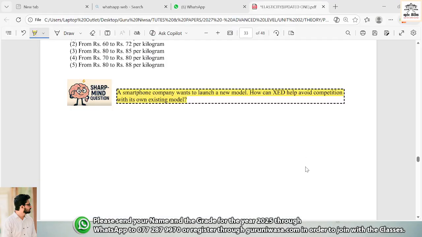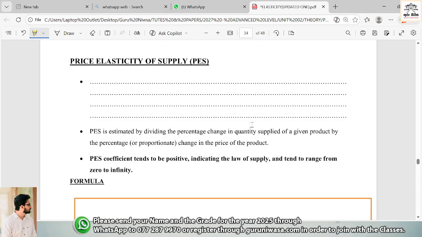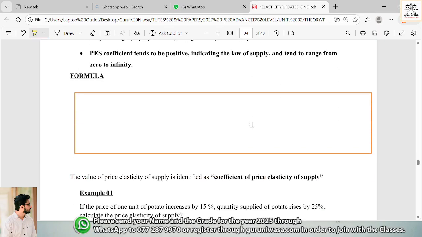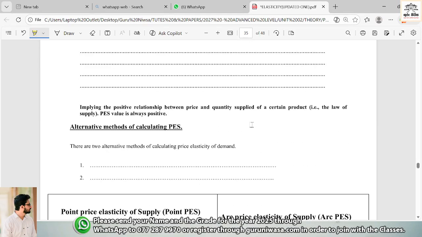Price elasticity of supply. This is the last part of elasticity. Now you have already completed how many parts of elasticity? PED, XED, and YED. So you can do this part.